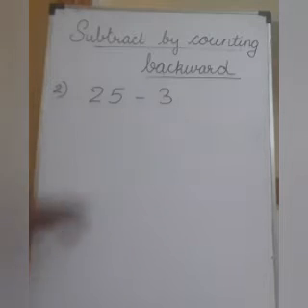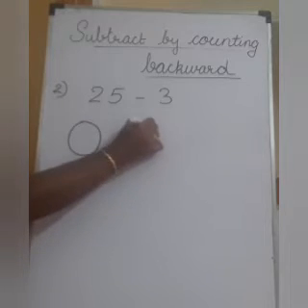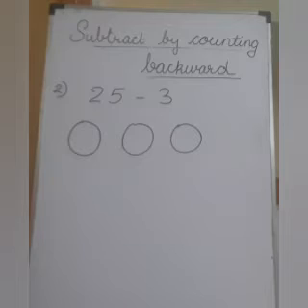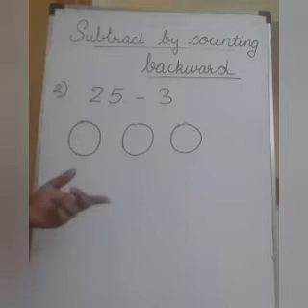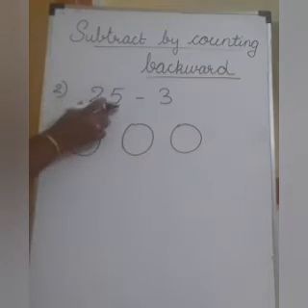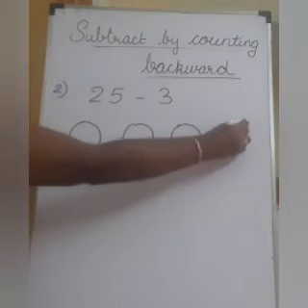So, we are going to draw 3 circles. What have we done? We looked to the second number, which is 3, so we drew 3 circles. Then, what can we do next? We can write the first number at last. That is 25.